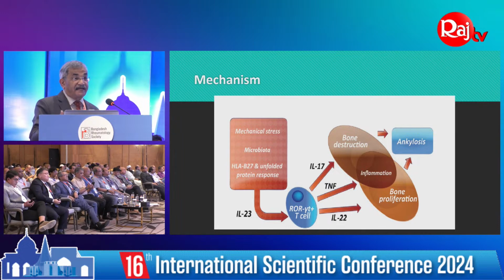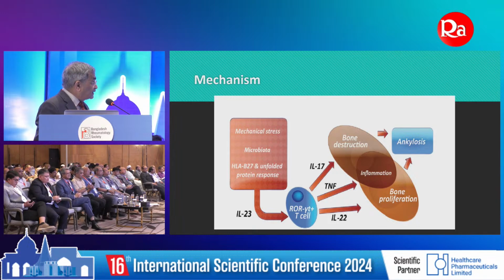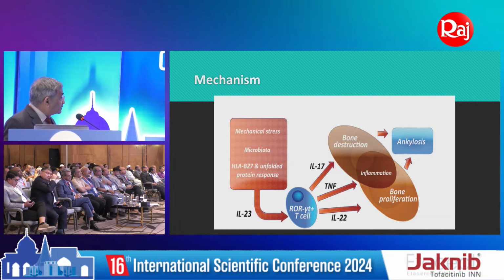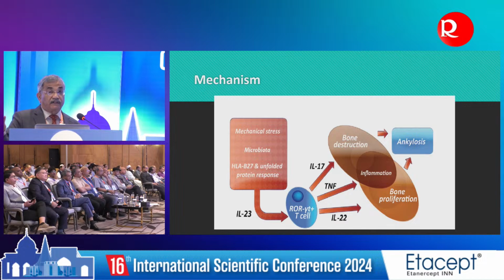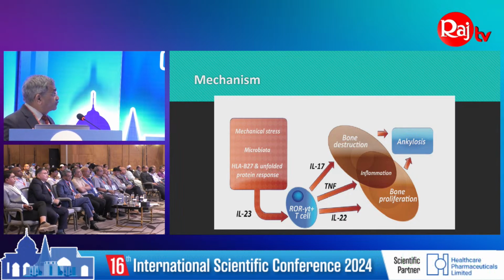So we used the anti-IL-17 drug, that is secukinumab. Then people said, why not use IL-23? IL-23 is sitting here, but surprisingly it doesn't work. So anti-IL-23 doesn't work, anti-TNF works, anti-IL-17 also works.